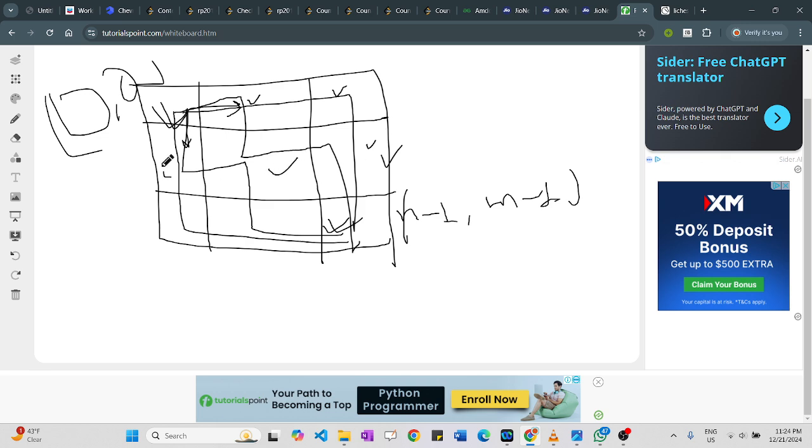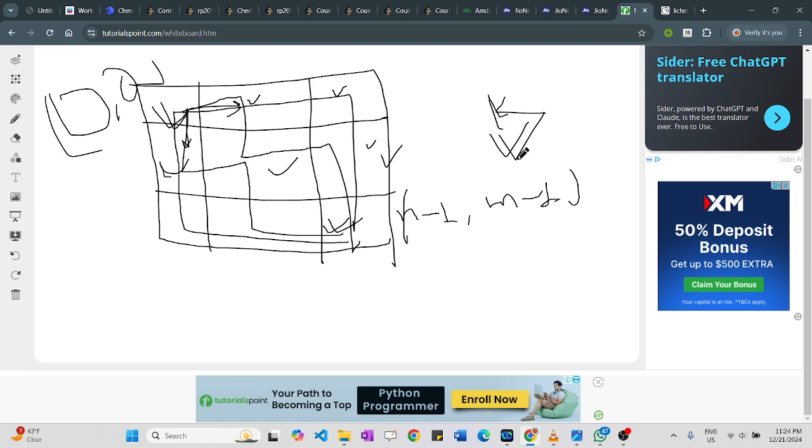You have to tell, is there any path from 0 comma 0 to n minus 1 comma m minus 1 such that the XOR of all the values in the path will be equal to k? If it is possible, then you will have to tell how many paths there are. So I think this is a simple question of DP on grid.